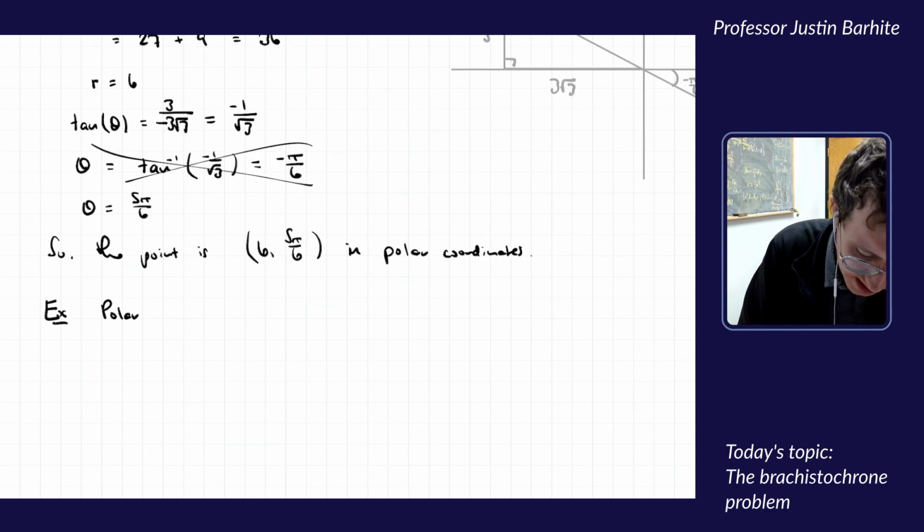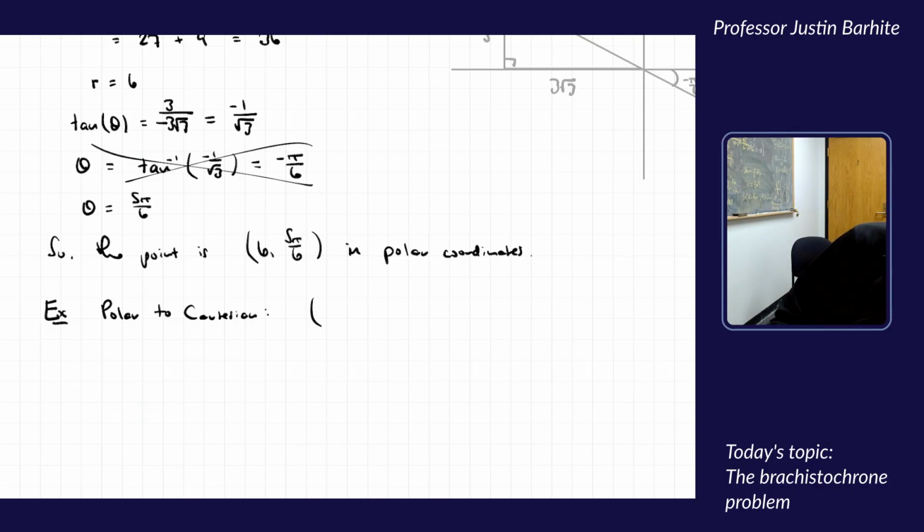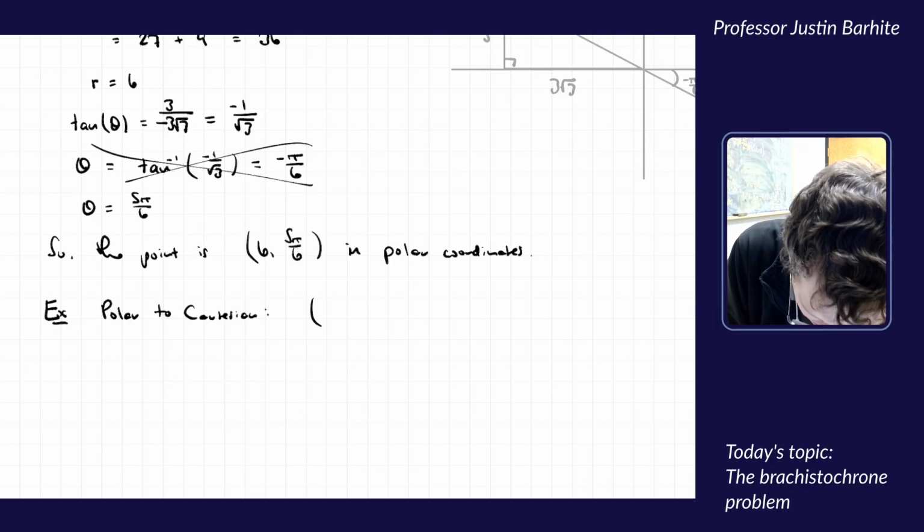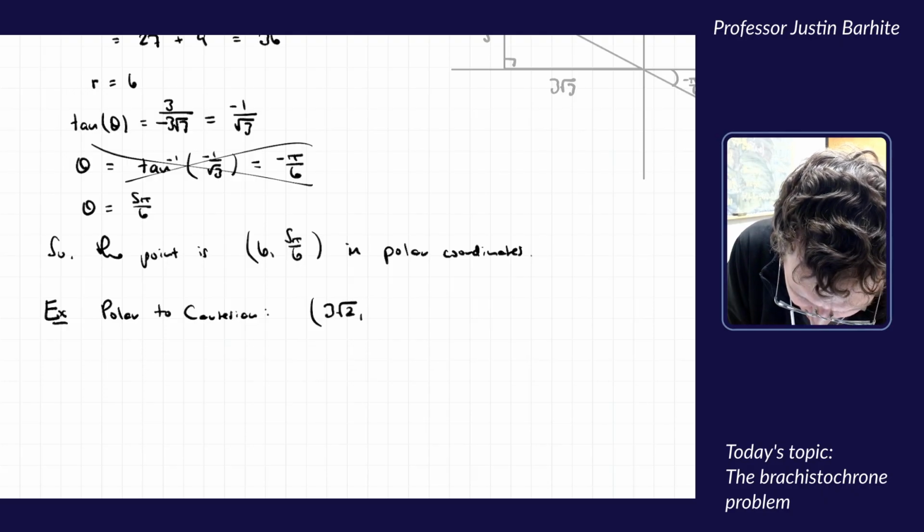The other way is easier. Like if I give you the polar coordinates of a point, like, I don't know, 3 root 2, 7/2 pi.